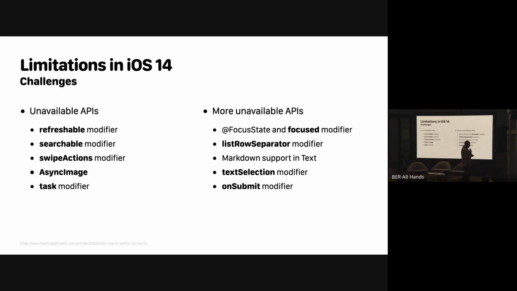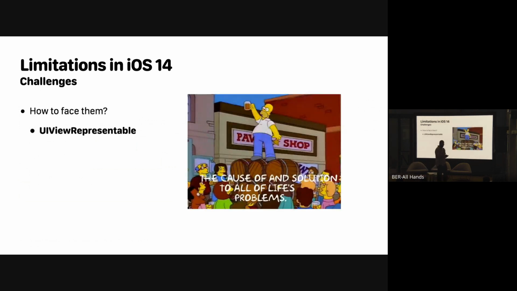So most of the time, including the separator, we found a workaround in SwiftUI natively. Sometimes good workarounds, sometimes ugly workarounds. And fortunately, Apple, since day one, gave us this protocol: UIViewRepresentable, or UIViewControllerRepresentable.